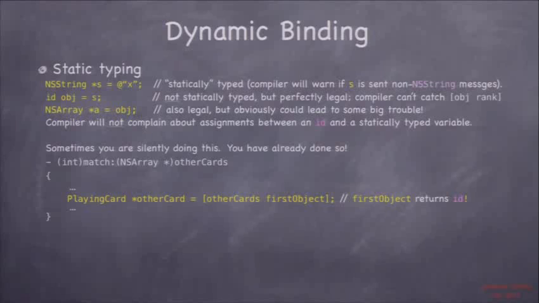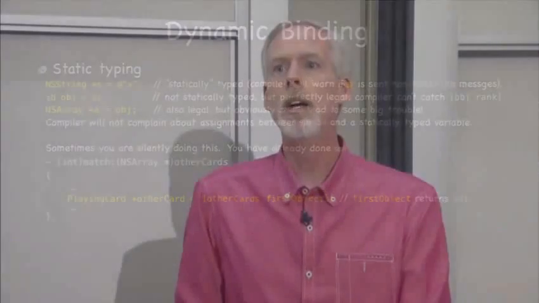Okay, so we just assigned a PlayingCard from an id. So that object that came out of that array better be a PlayingCard or we're going to crash at runtime. And a little later in this lecture, I'm going to show you how we can protect our code to make sure that we don't crash in this case. Okay? But does everyone see why this is a little dangerous? Right? Questions about that?